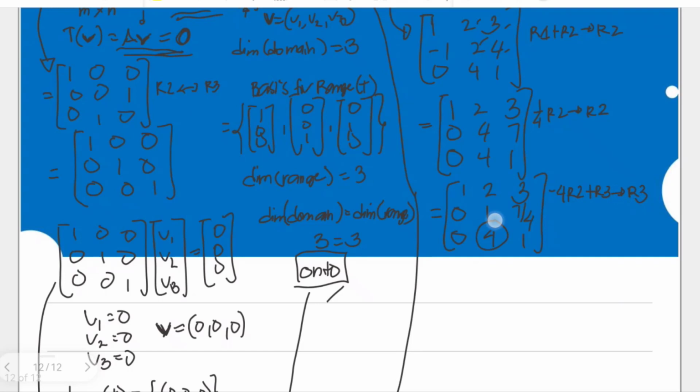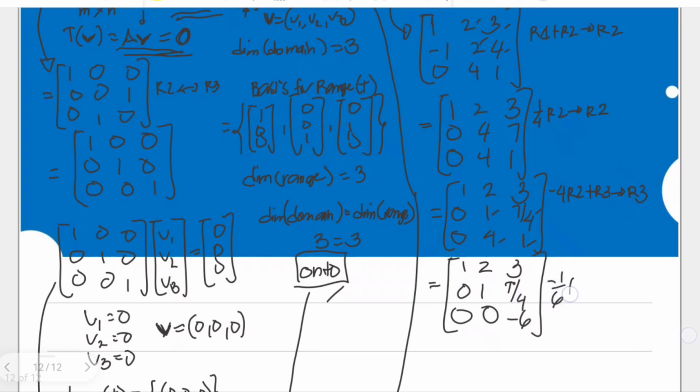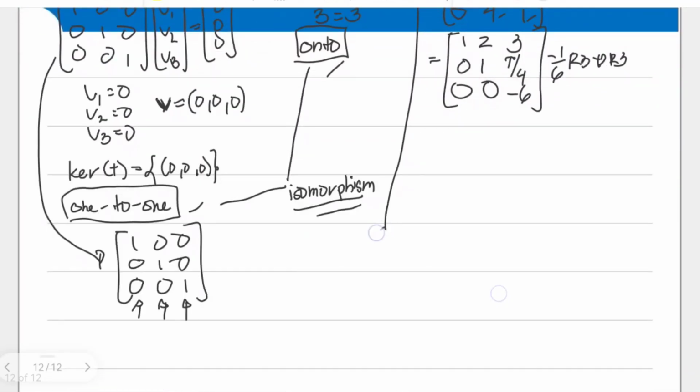So you'll have 1, 2, 3, 0, 1, 7/4, 0. Negative 4 times 1 is negative 4 plus 4, 0. Negative 4 times this is negative 7 plus 1, so you have negative 6. To make this a leading 1, simply multiply negative 1/6 to your row 3 for a new row 3. So this would mean 1, 2, 3, 0, 1, 7/4, 0, 0, and then 1.